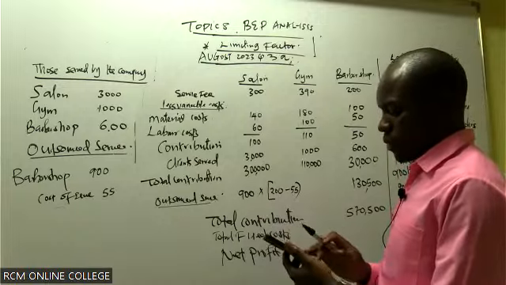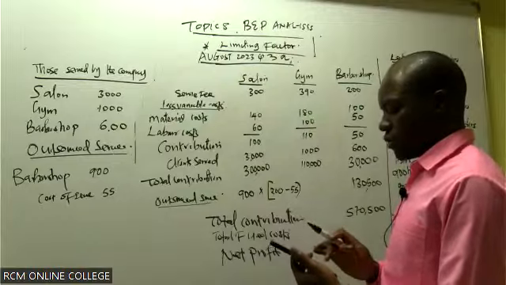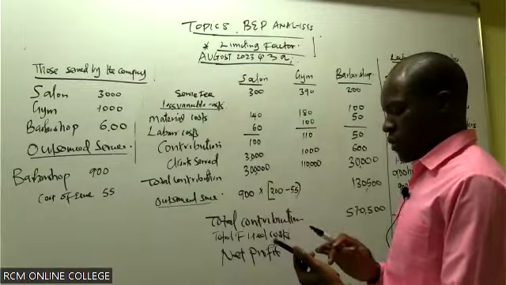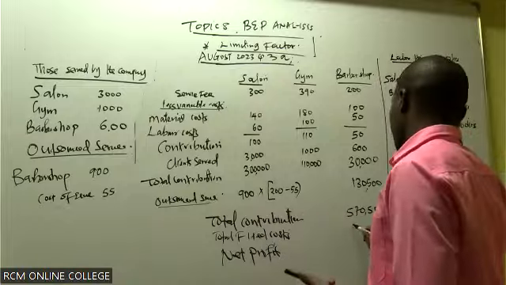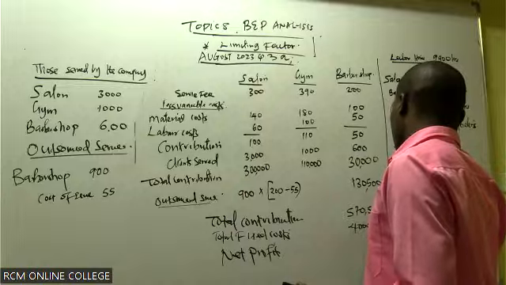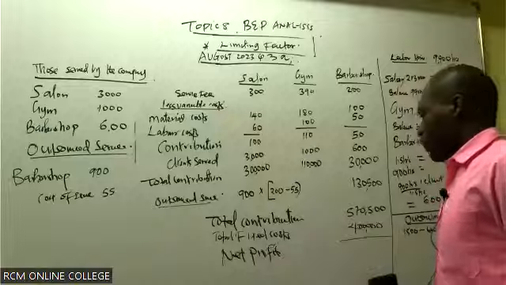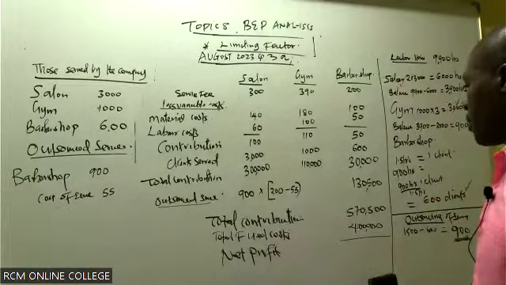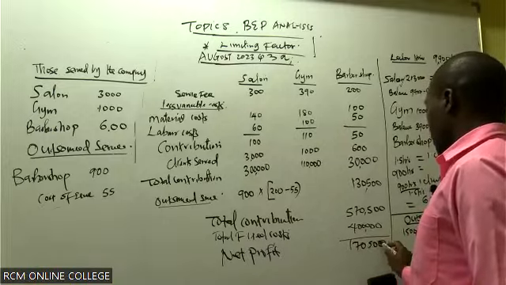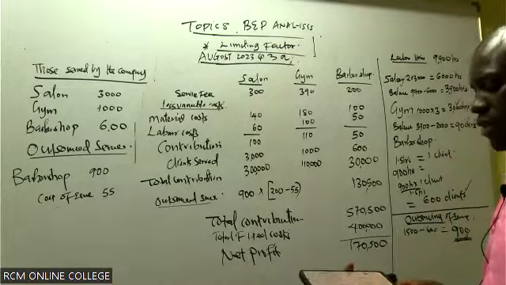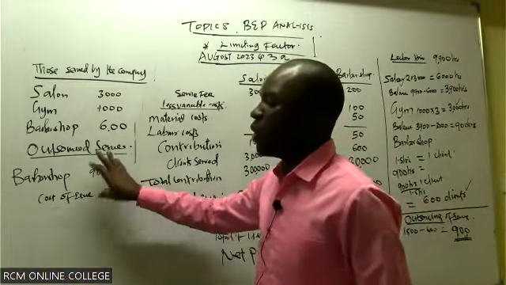Our total fixed cost was 400,000. Give us the profit of this company. The profit of this company will be how much? 170,500, as per the assumption that even these 900 people were served.